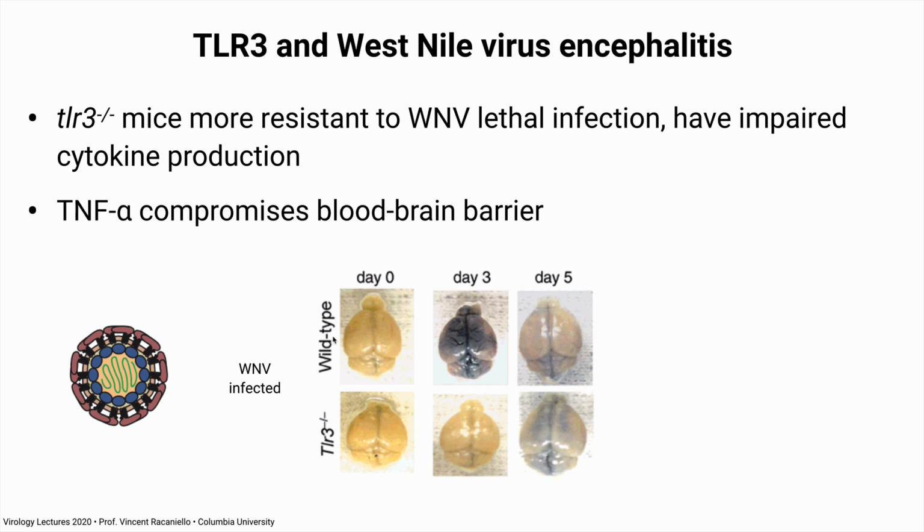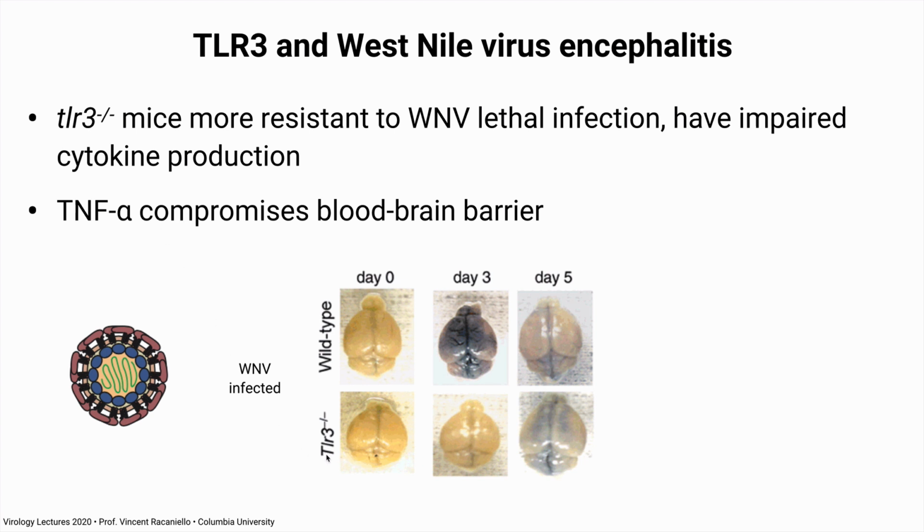And the mice, after infection, are injected with a blue dye that will get into the CNS if it's highly permeable. So you can see day 3 after infection of wild-type mice, the dye is infused throughout the brain, and that's because of the production of TNF-alpha in response to TLR3 signaling.